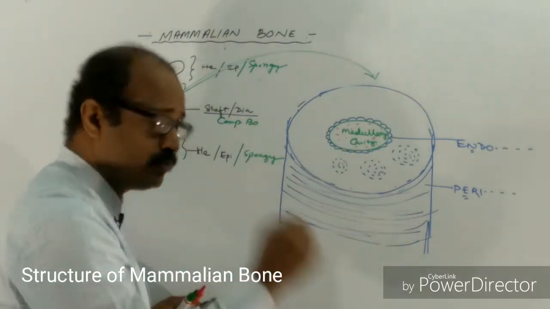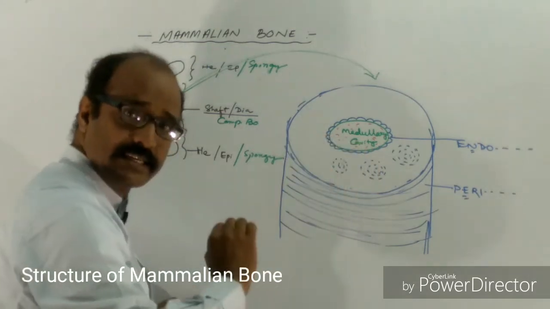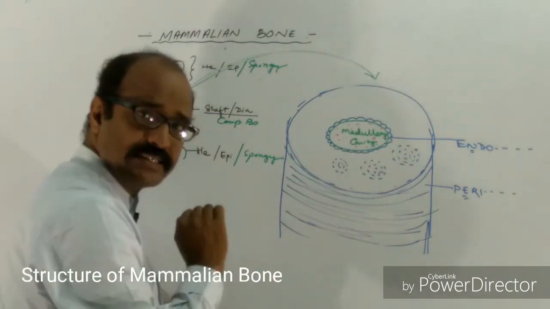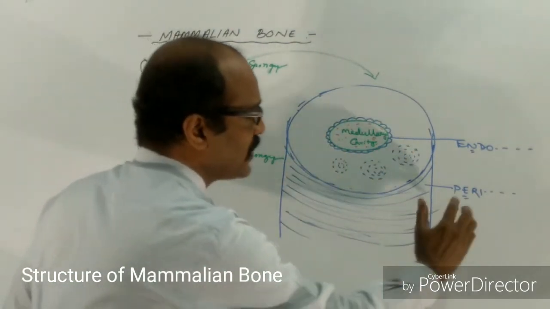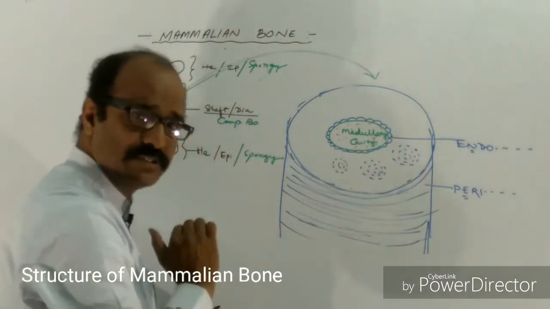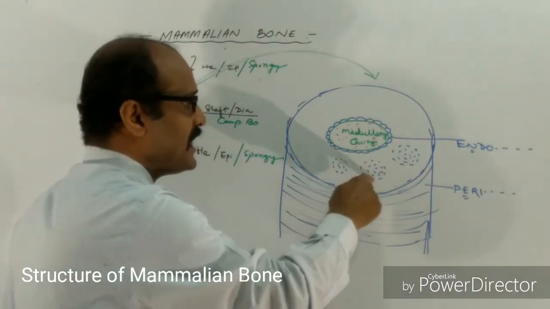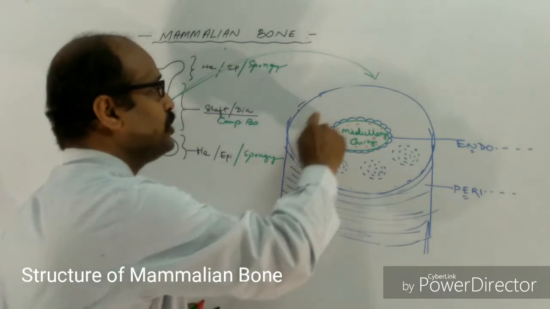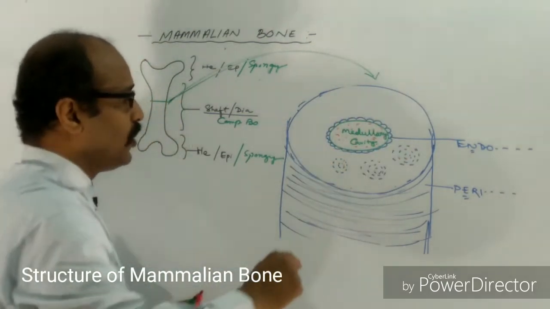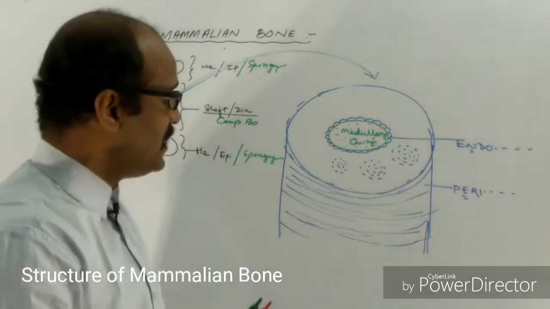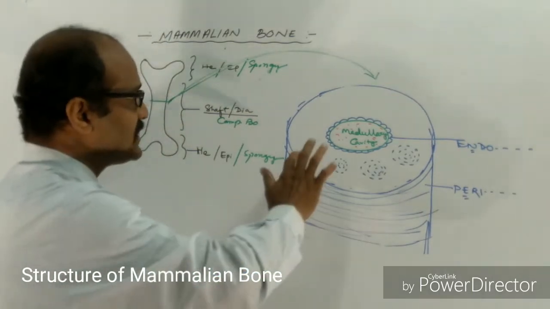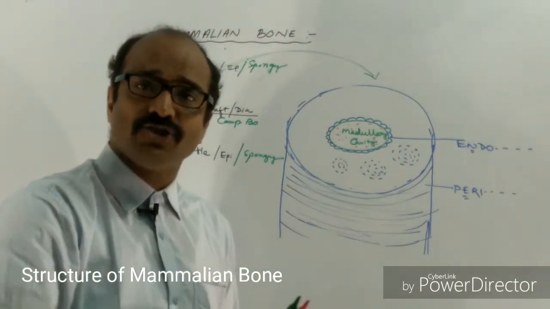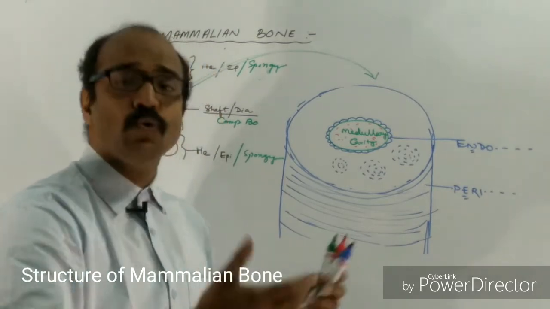So in mammalian bone, the bone is very thick. That's why the cells present in the deep of the matrix are cut off from the vascular supply of the periosteum and the endosteum. That's why they need the extra vascular supply. So, to meet the need of extra vascular supply, the matrix contains widespread capillaries, and such capillaries run inside the matrix through channels or canals. Such canals or channels are of two types.